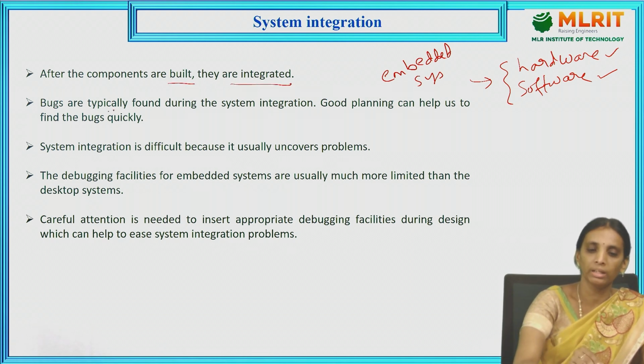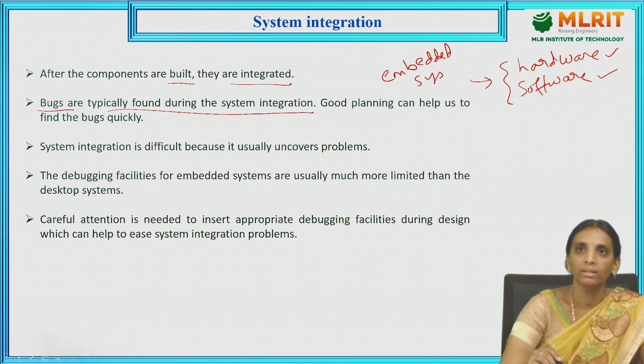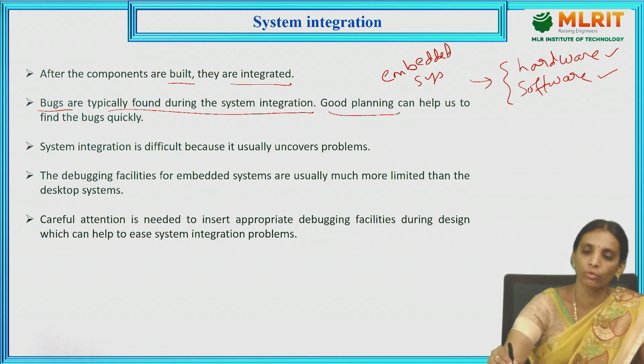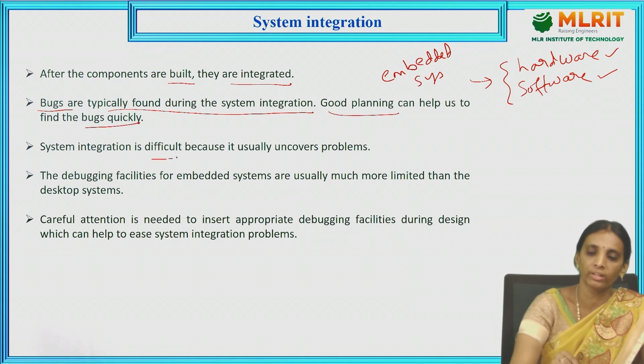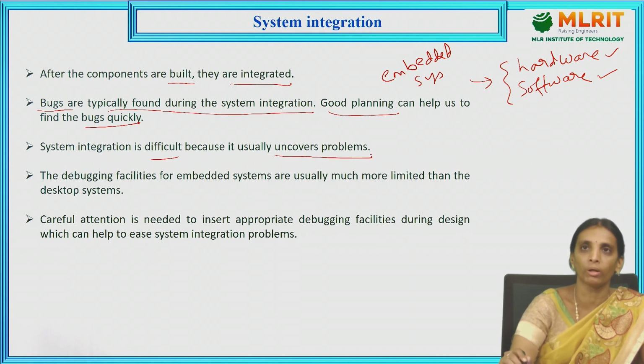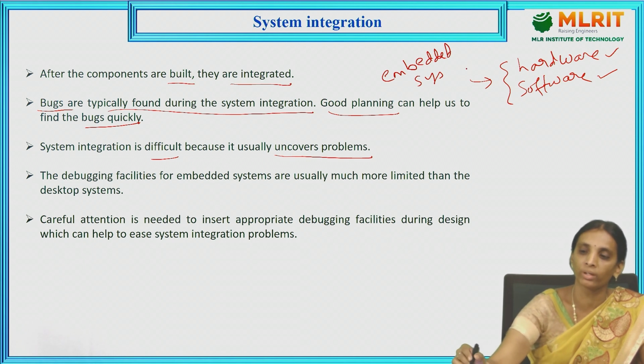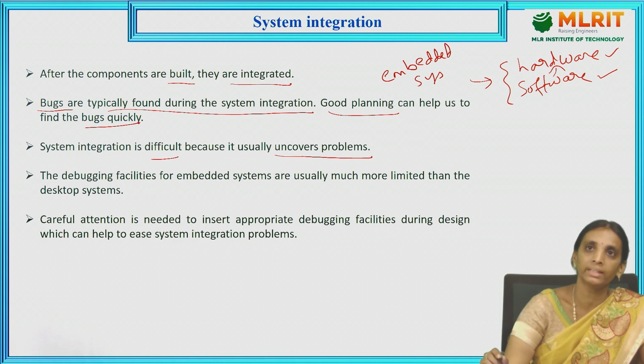Typically, bugs are found during system integration, so we need good planning to avoid those bugs quickly. System integration is difficult because it uncovers problems. While integrating, some hardware components may be damaged and some programs may not work for the hardware components. So we need proper testing and we need to take care during integration.